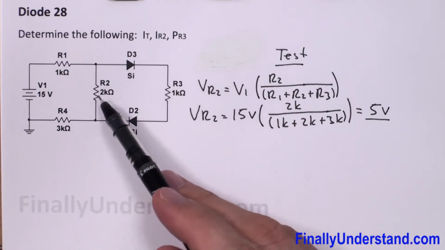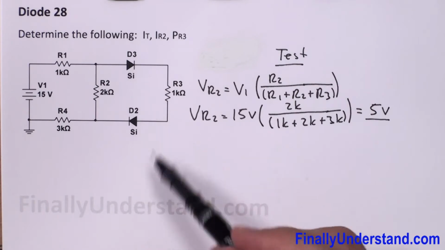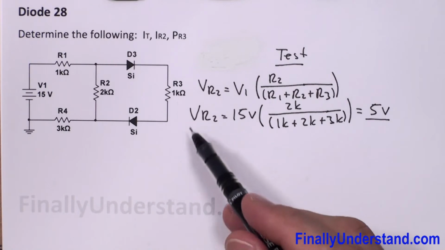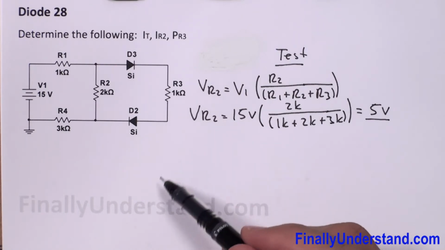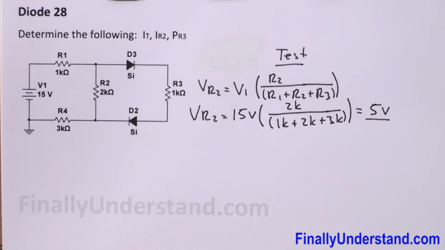So if the voltage across the resistor is higher than the potential of these two diodes added together, it means that the diodes are going to conduct, and the resistance is not extremely big, so you know the diodes are going to conduct for sure.